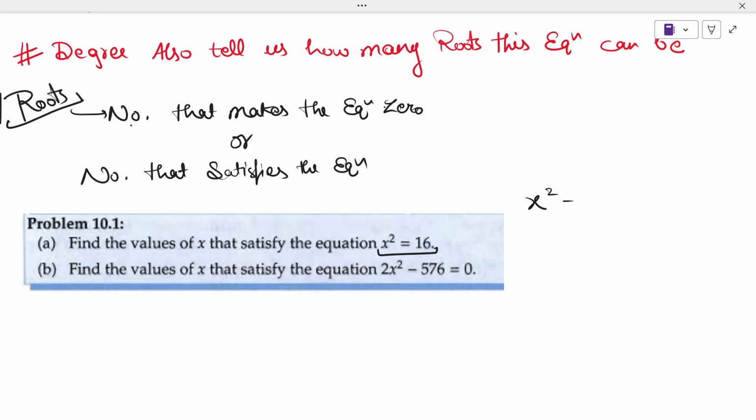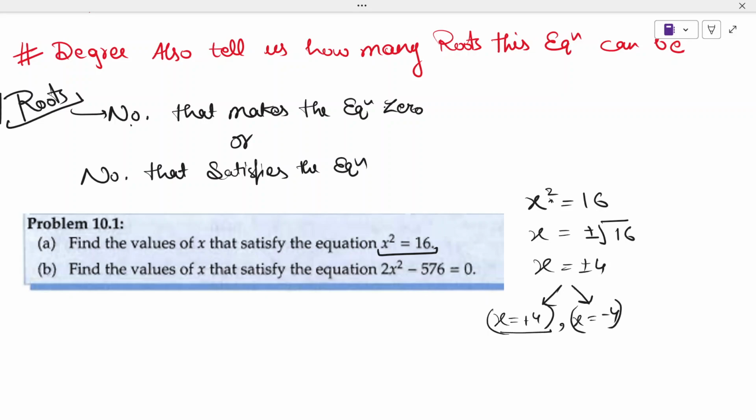Here x square equals 16. When we remove this square, it gives plus minus and under root on the other side. You know that under root 16 is 4. This x gives you two values, plus 4 and minus 4. These are the numbers that make this equation 0. So they are basically roots. These x values, plus 4 and minus 4, are known as roots because they make this equation 0.